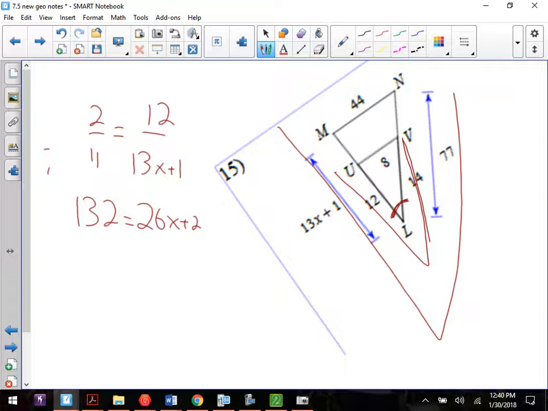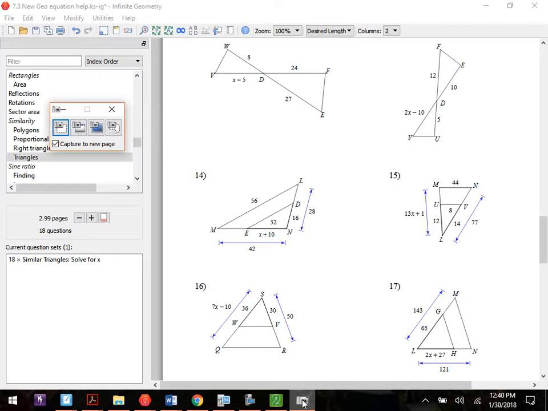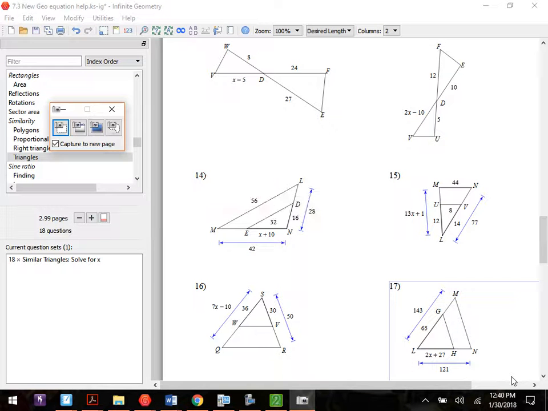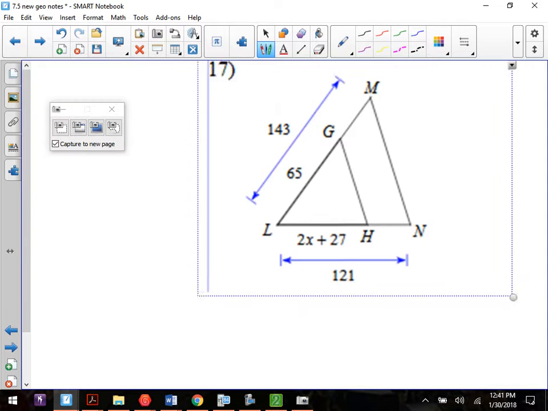When you do 18, I think, Johnny, you were saying 18? 17? Okay. I think 17 looks eerily similar to that, and I hate to use the word similar, but kind of does. So when you look at 17, if you follow that same pattern, if you will, of thinking of it as a side angle side style problem, keep the small triangle segments as your numerator.